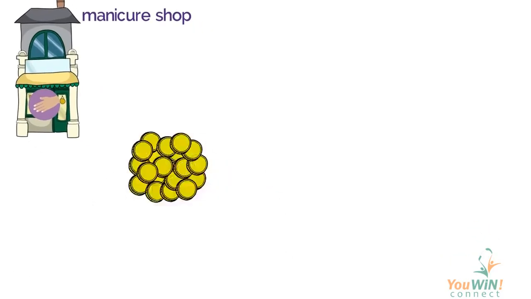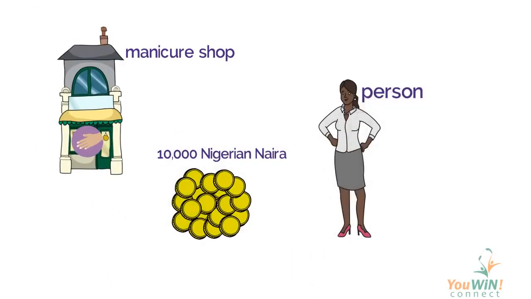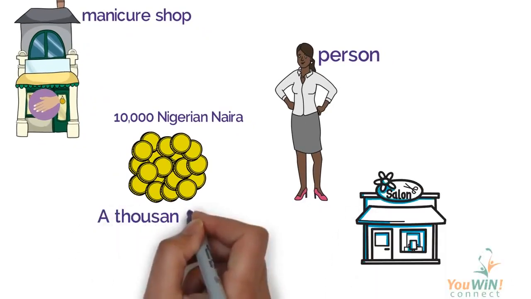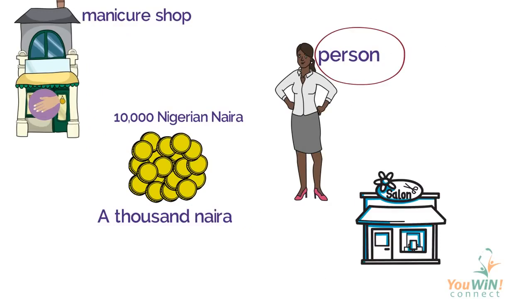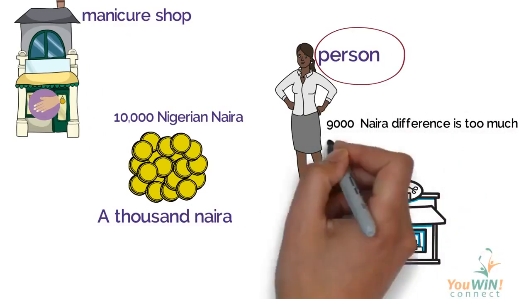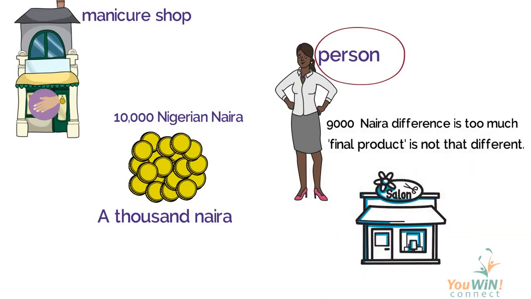A high-class manicure shop with stylish decoration, hair conditioning, convenience, and professional staff charges 10,000 naira per person. While at a popular hairdresser, the price is around 1,000 naira per person. Many customers believe that the 9,000 naira difference is too much because the final product is not that different.